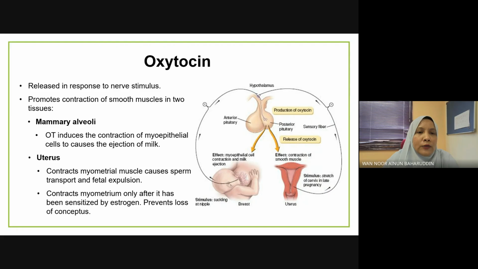Oxytocin is a response to nerve stimulus and promotes contraction of smooth muscles. So the smooth muscle, where is it? First one at the mammary alveoli, second one at the uterus. These are the contractions there. Mammary alveoli for the ejection of milk, maksudnya during breastfeeding.